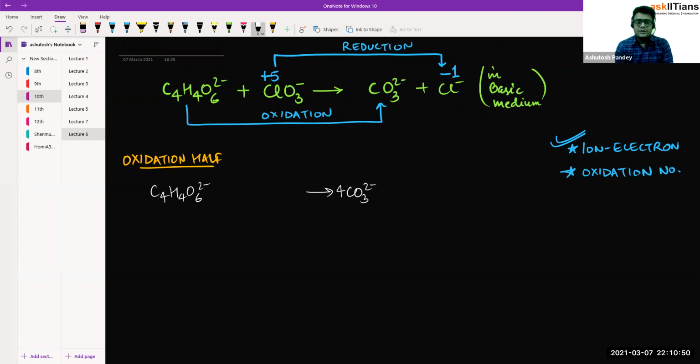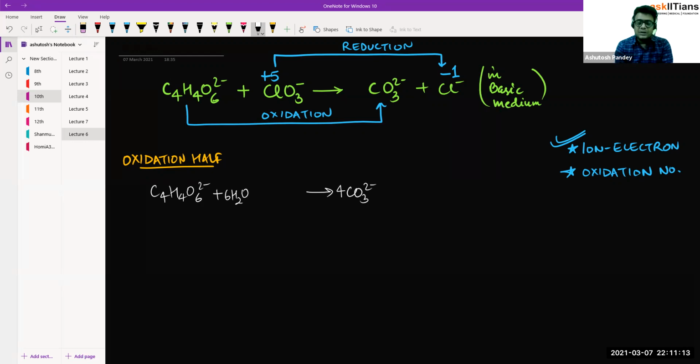Now there are 6 oxygens on this side while 12 oxygens on this side. So to balance the oxygen we'll put 6H2O on the reactant side. Clear?